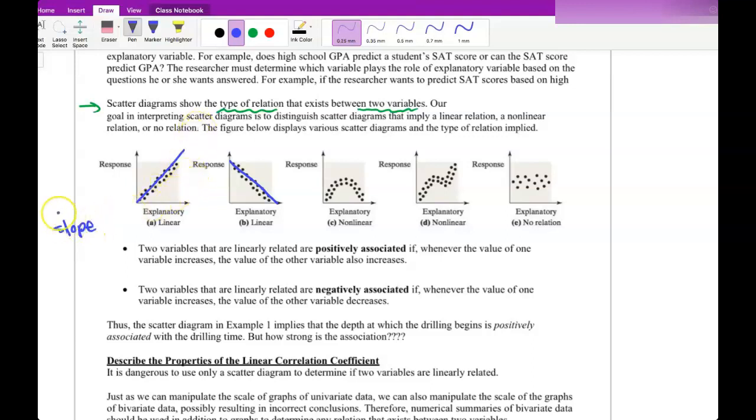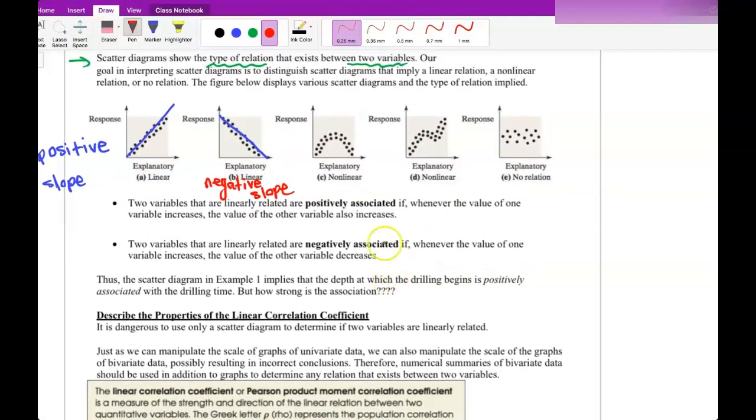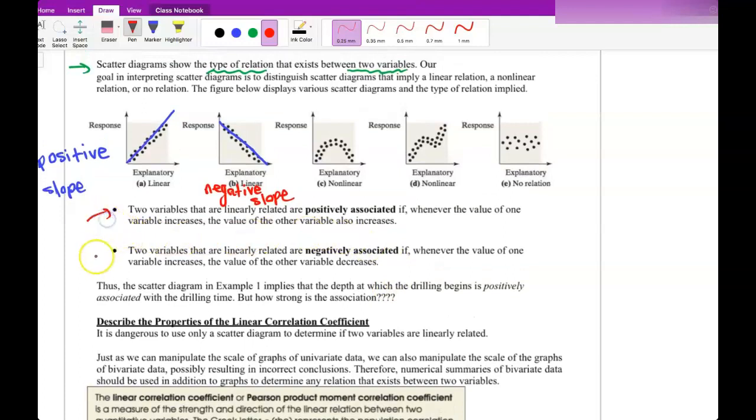So we have positive slope, and here we have negative slope.